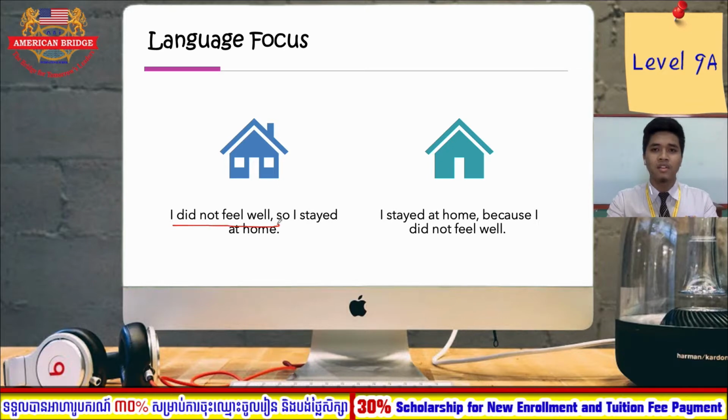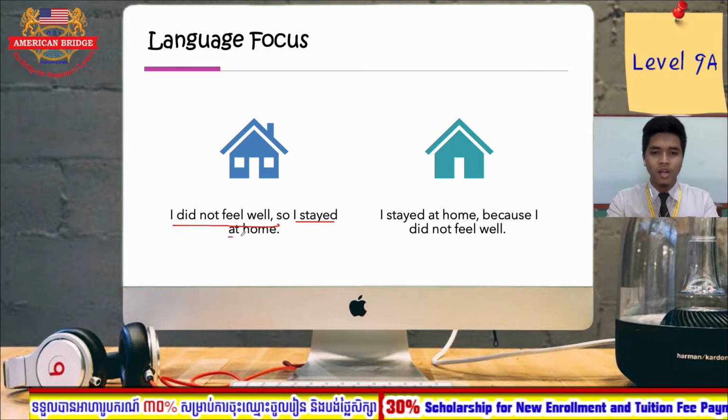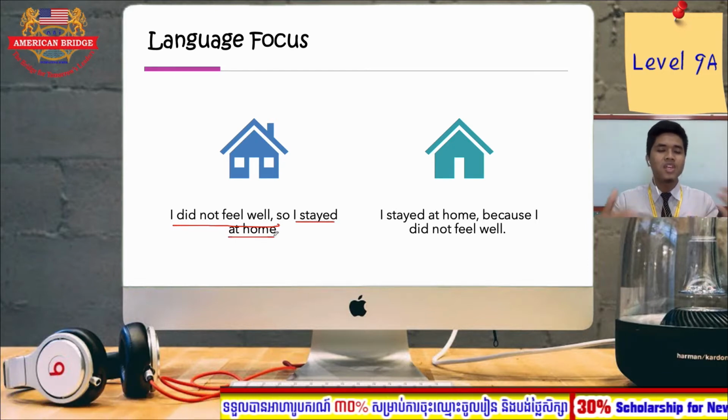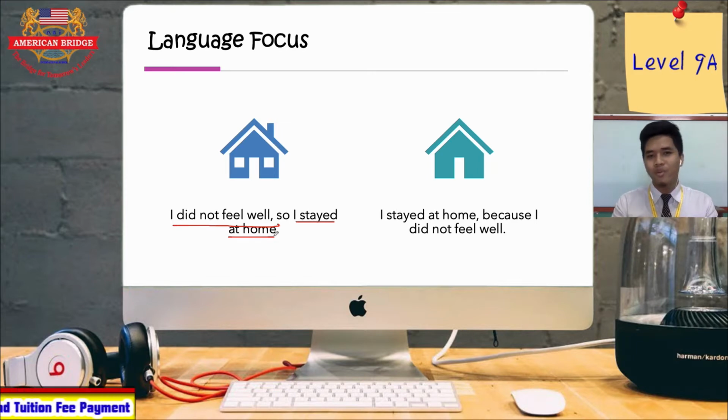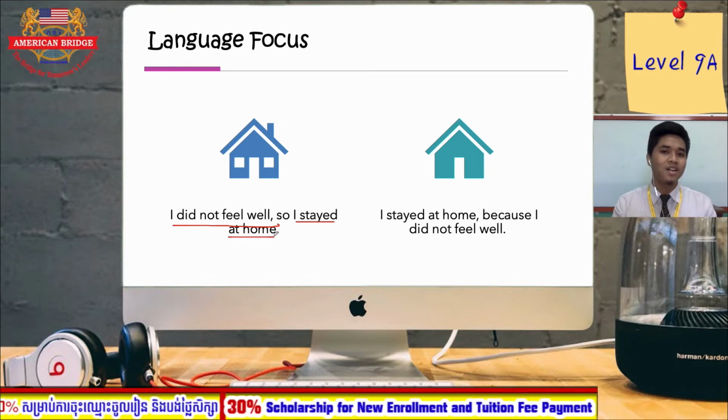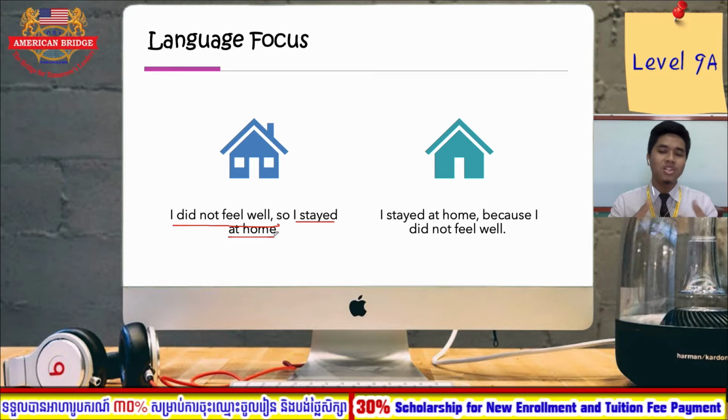Is this the effects? I stay at home. If I did not feel well, what happens? I stay at home, right? So I did not feel well is the cause that leads to I stay at home, which is the effects, because I do not feel well, so I decide to stay at home.